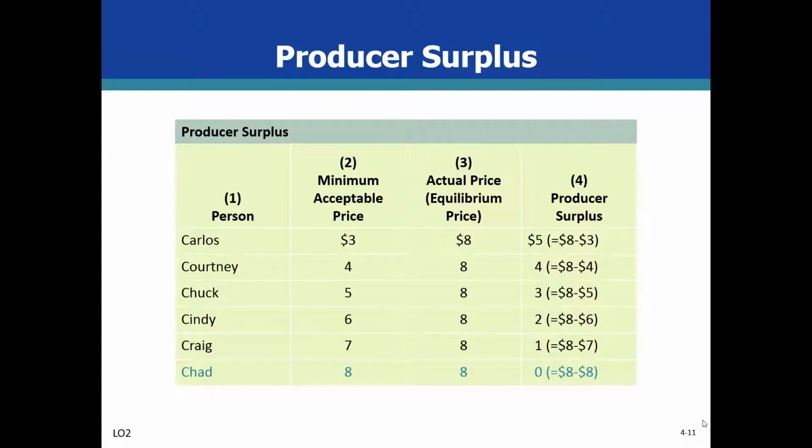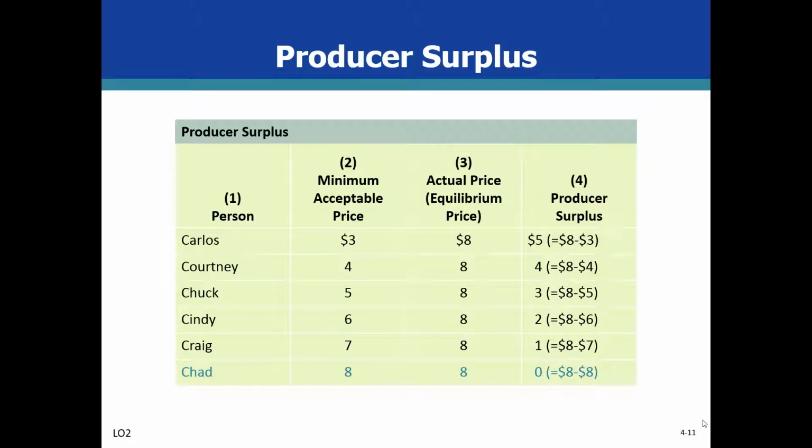Now we're going to take a look at the same kind of table that we looked at for the consumer surplus and now look at the producer surplus. On this chart we have 6 producers.